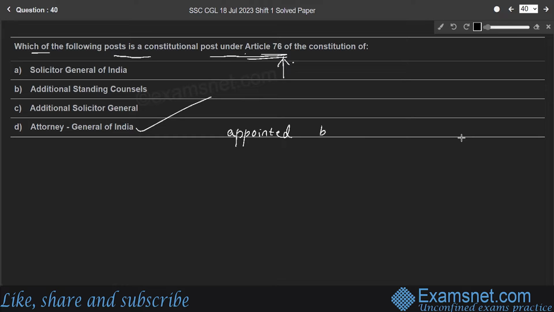The President appoints a person who is qualified to be a Supreme Court judge. He is the highest law officer in India and the chief legal advisor of the government of India. So it is a constitutional post under Article 76. Option D is the right answer.